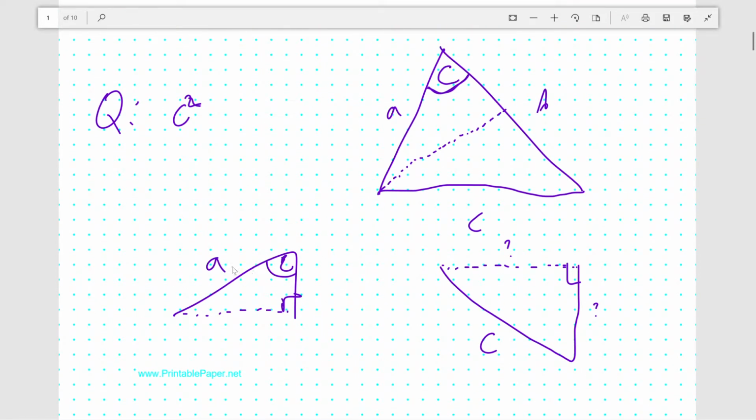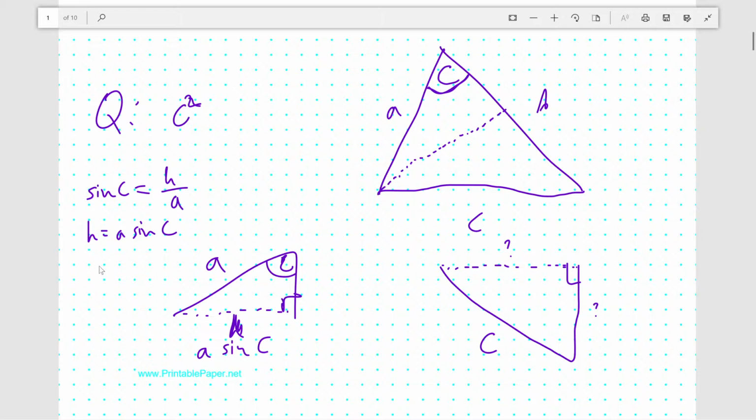Alright, so we know A and we know this angle here, so therefore we can figure out the other two sides of this right-angled triangle. For example, since sine is opposite over hypotenuse, and say this is our height h, sine C must be equal to opposite h over hypotenuse a, so therefore h is a sine C. And say we have the intent to find this side here, and this is an adjacent side to the angle, so we'll use cosine.